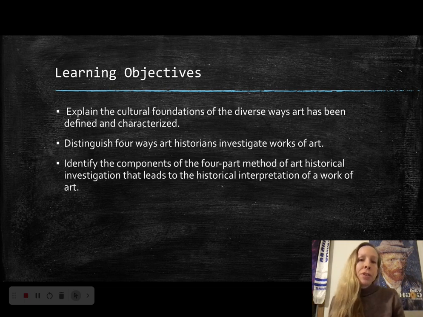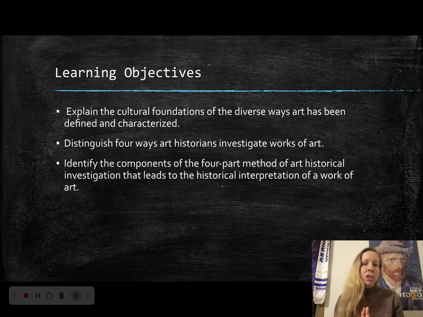Learning objectives. Explain the cultural foundations and diverse ways art has been defined and characterized. I know you can't answer this today. It's a big question, but we're going to look at how connected art and culture are.